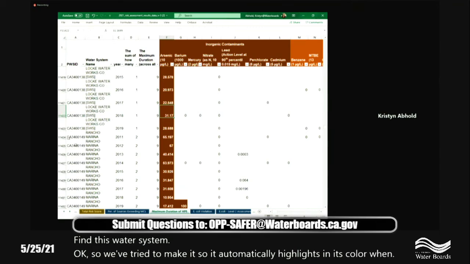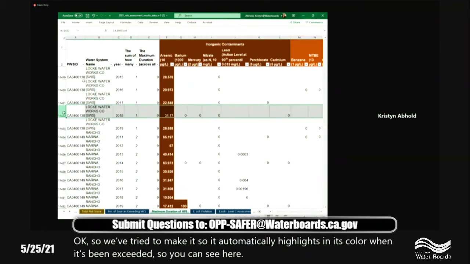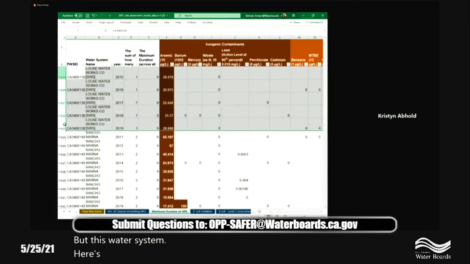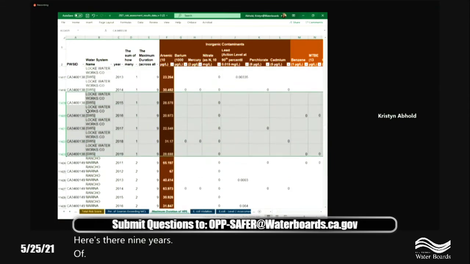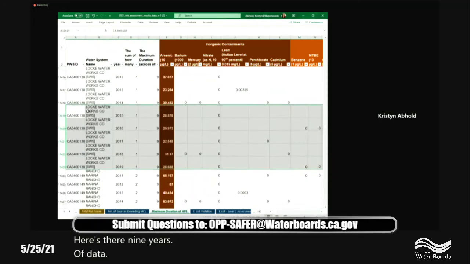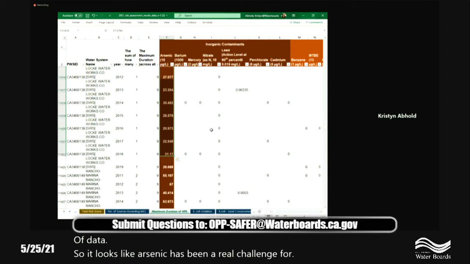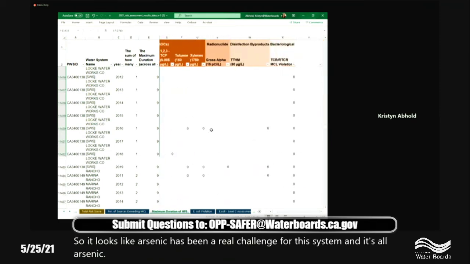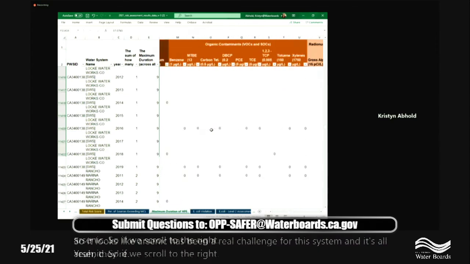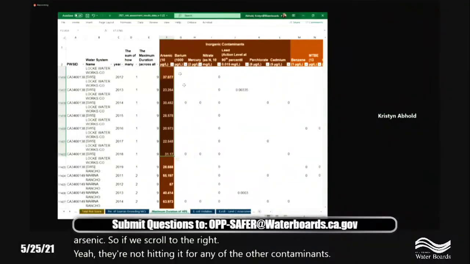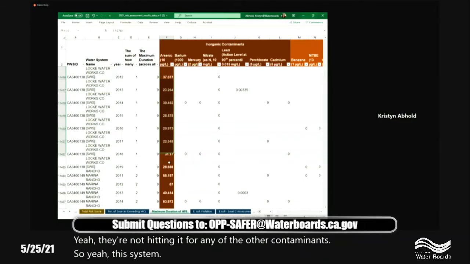So you can see here that this water system, here's their 9 years of data. Go up a little bit. It looks like arsenic has been a real challenge for this system, and it's all arsenic. If we scroll to the right, they're not hitting it for any of the other contaminants. So each year for this system it is arsenic.